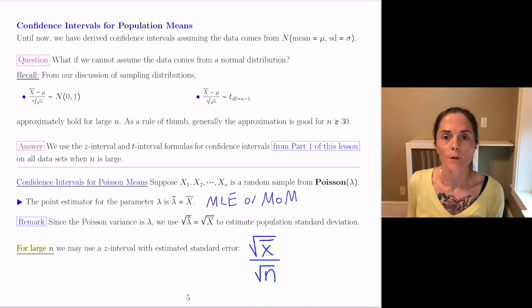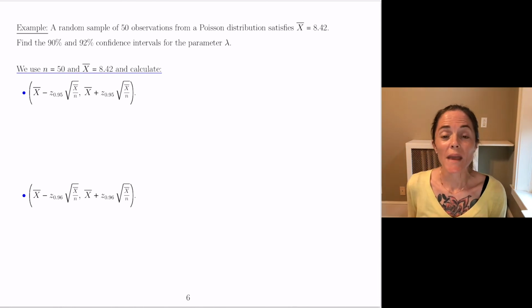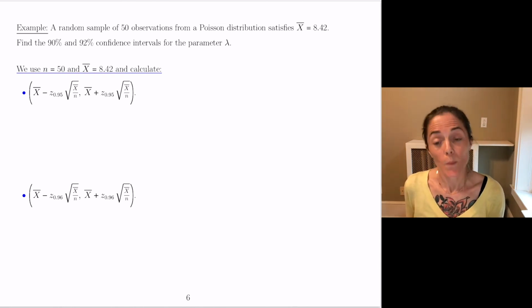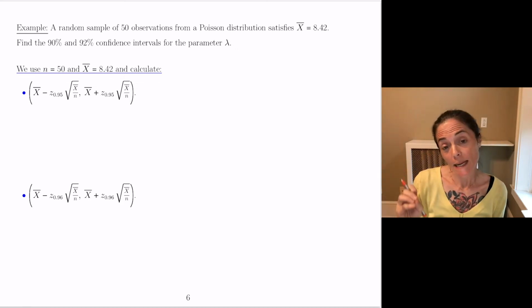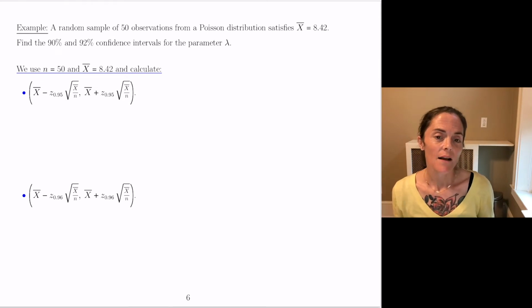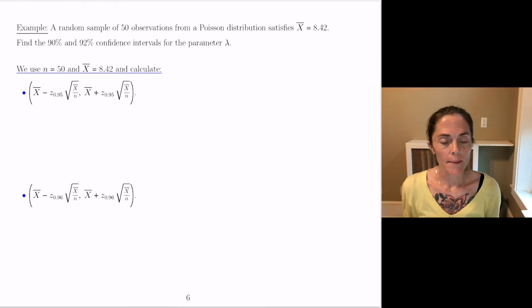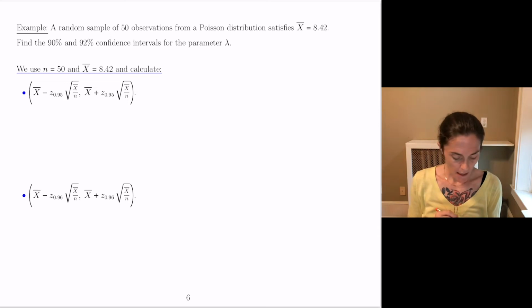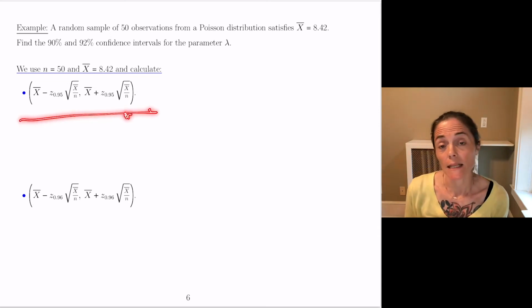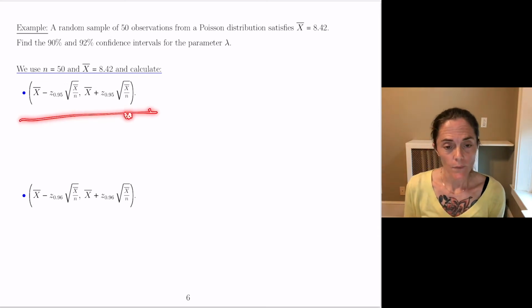And let's do an example now. We have 50 observations from a Poisson distribution, random sample, and the sample mean is 8.42. We want a 90% and 92% confidence interval for the parameter lambda. Now, what I have done is just written out explicitly what this z interval is. So this first one is for 90%.